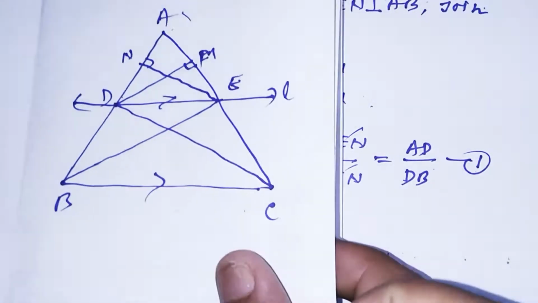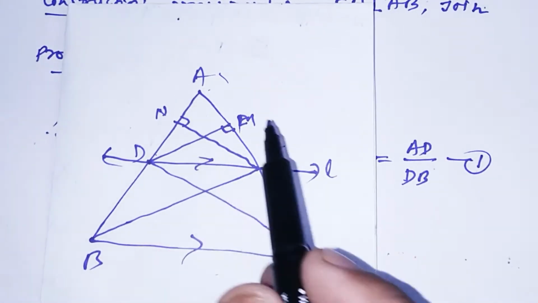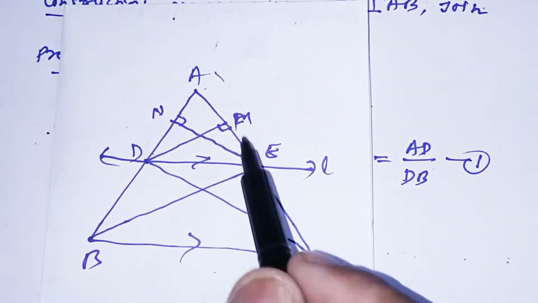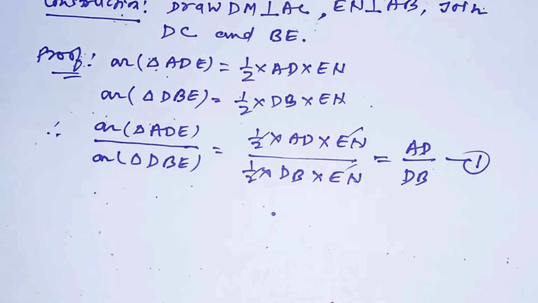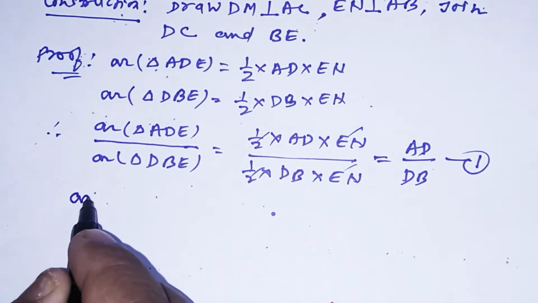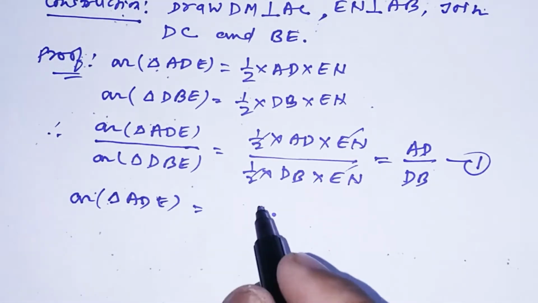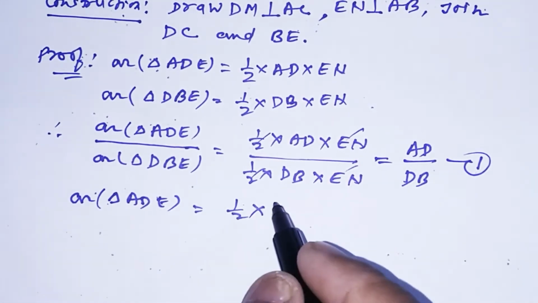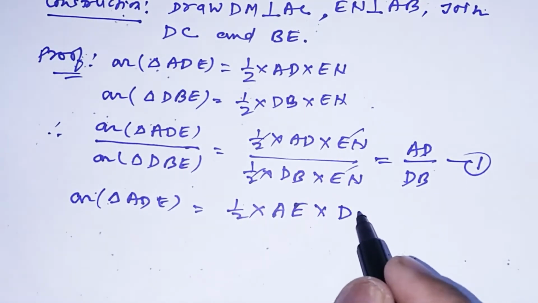Okay. Again we want to find the area of ADE, and this time we take the base AE, then the height will be DM. So again, area of triangle ADE: half into base AE, then height will become DM.